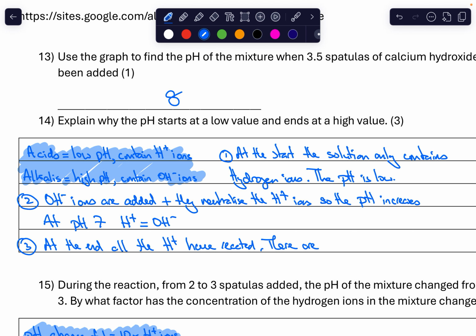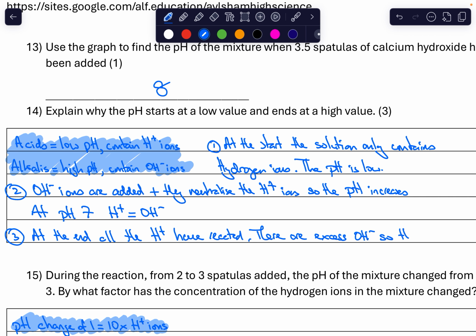There are extra, or there are excess, OH minus ions. So the pH is high. Okay, each point I put in there, so 1, 2, 3, is worth a mark.